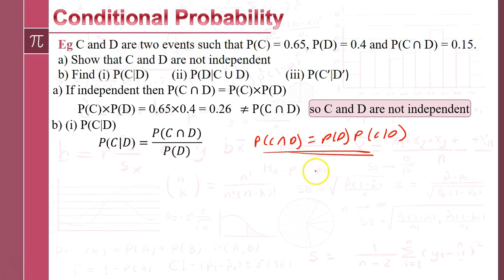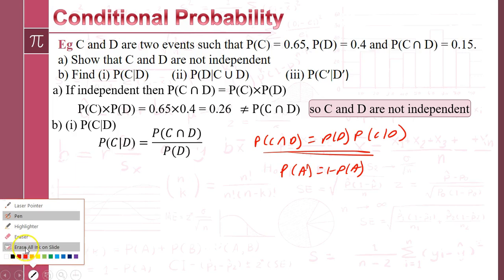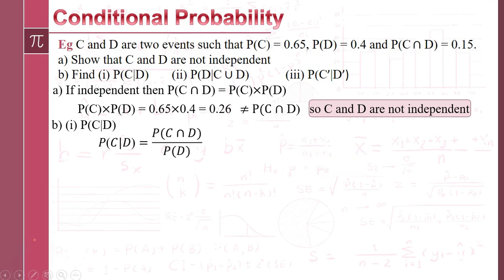And bizarrely, they give you the probability of not A is 1 minus the probability of A. Why they feel the need to give you that one, I've got no idea. But as with all things, it's always a good idea to make sure you know exactly what formula you get and what you don't, so you know what you're doing. So you will get to know the formula, but it's there for you in the formula booklet if you need it.